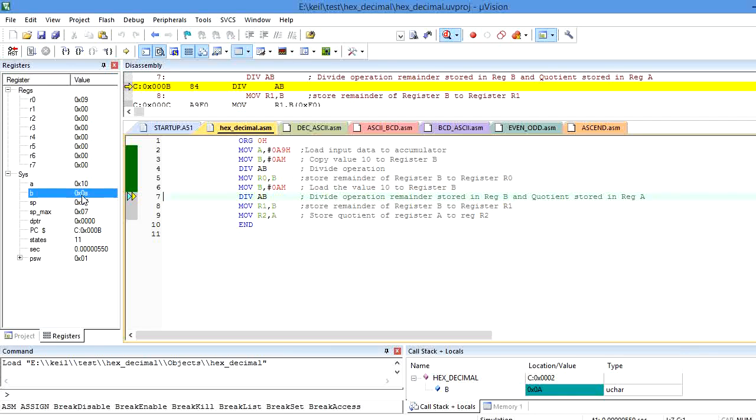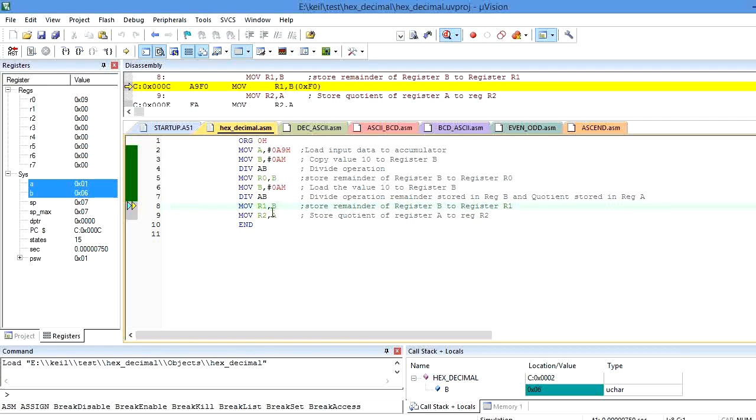After executing this code, A contains the quotient and B contains the remainder. See, A becomes 1 and B becomes 6 here. B is the remainder, that is 6, and A is the quotient, that is 1.